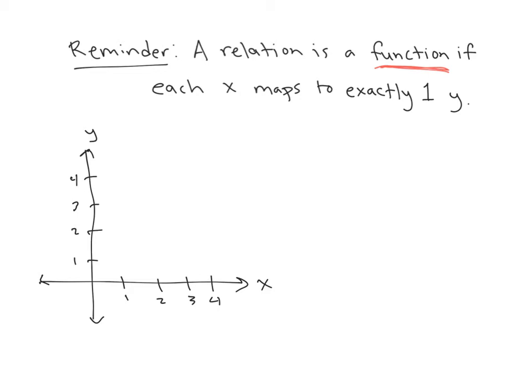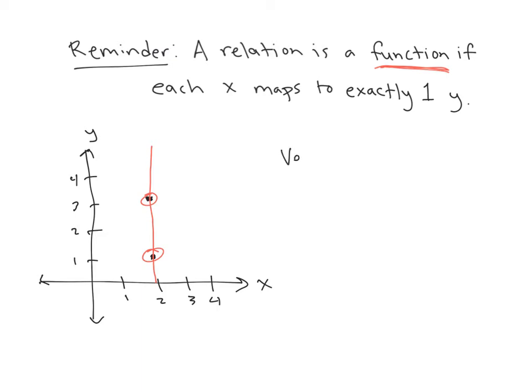If on a graph we had an x value that mapped to two different y values, like 2 mapping to 1 and 3, so if there's ever a spot on the graph where one x maps to two different y's, like here and here, then we're going to say that it is not a function.